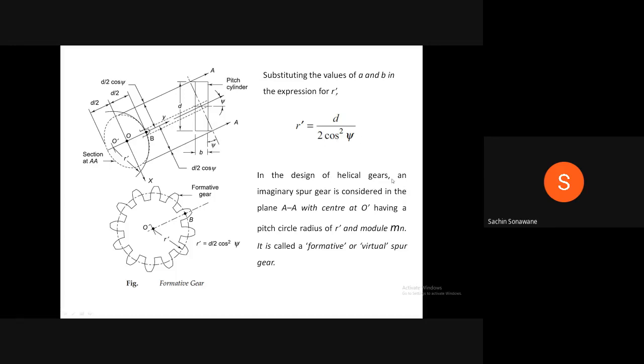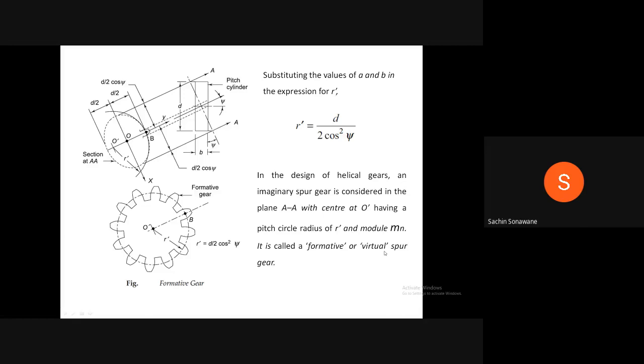In the design of helical gears, an imaginary spur gear is considered in the plane AA. See that this tooth is the tooth of an imaginary spur gear with center O dash, having a pitch circle radius r dash and module mn. It is called a formative or virtual spur gear.